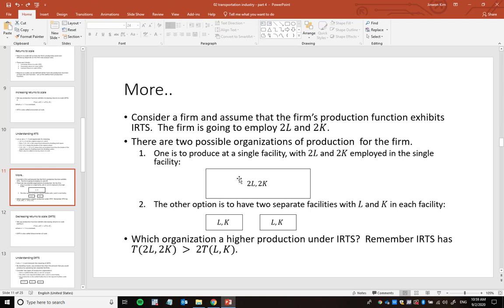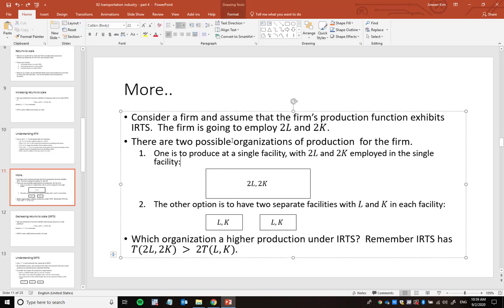So there are two possible organizations of production for the firm. More intuition behind IRTS. Consider a firm and assume that the firm's production function exhibits IRTS. Now the firm is going to employ double the original inputs, double the labor and double the capital.